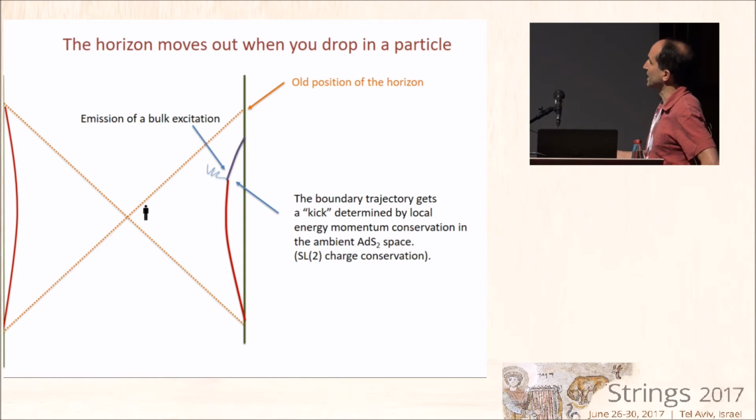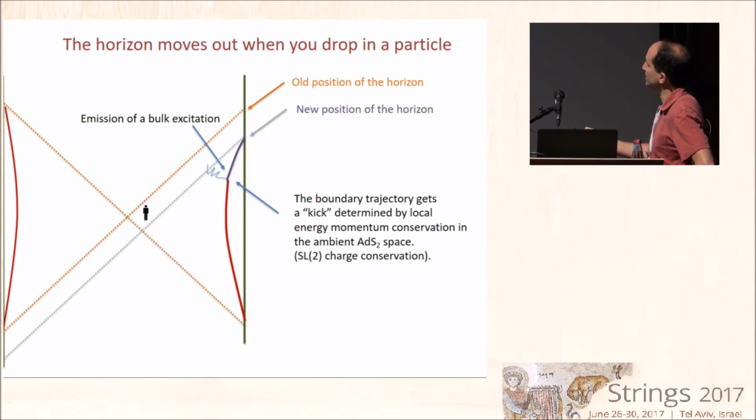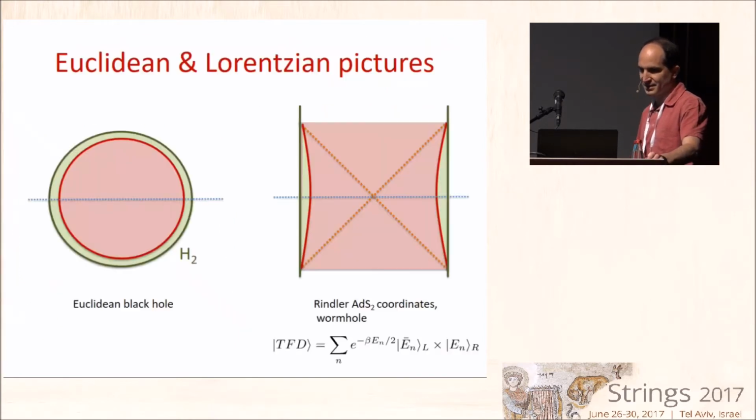So they behave as you naively expect. If you send a particle here, the other one is kicked in the other direction. Once that happens, the new horizon will be at a different position, and this event will not be visible anymore. Okay, so this is the simple gravitational dynamics in this case.